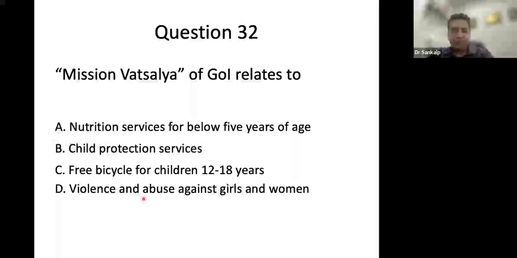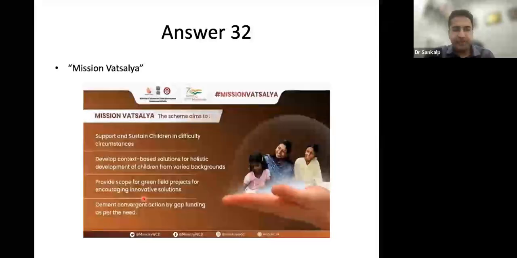Mission Vatsalya of Government of India relates to? Answer is Child Protection Services. It is a program by the Government of India which supports and sustains children in difficult circumstances, and it provides context-based solutions for holistic development of children from difficult and varied backgrounds.